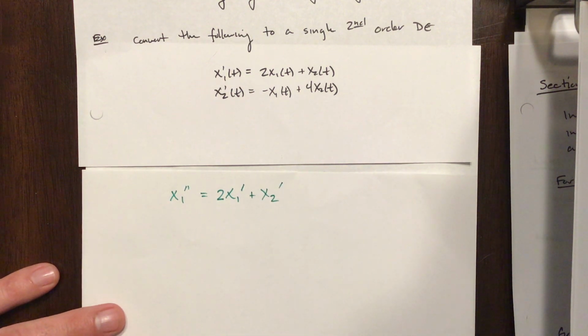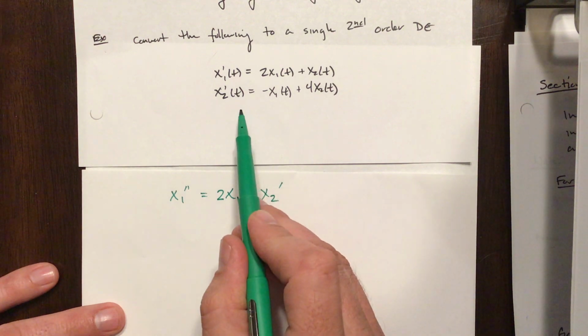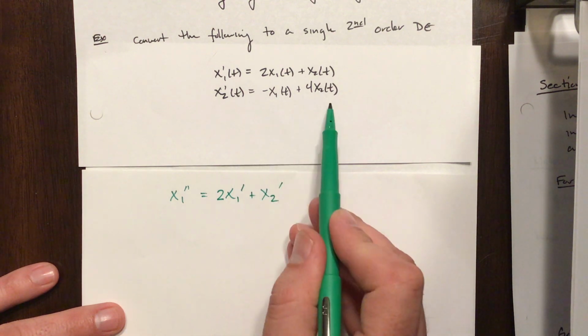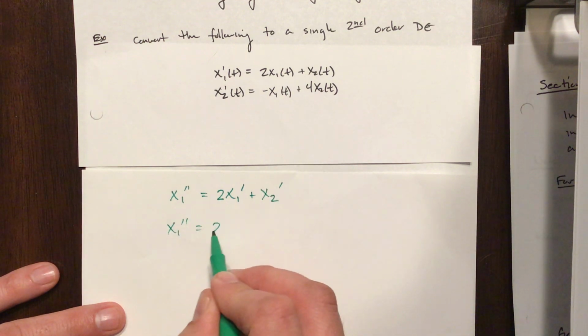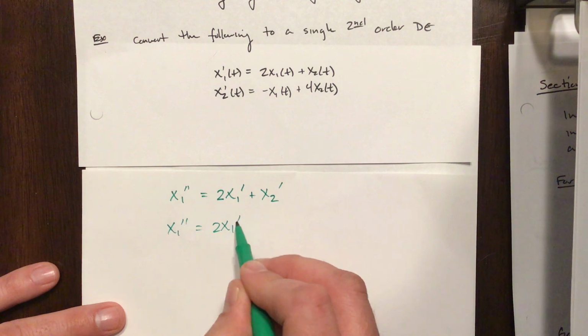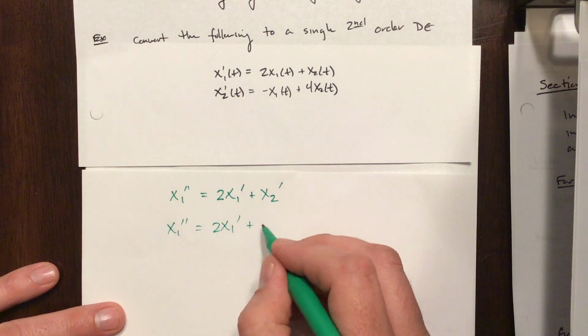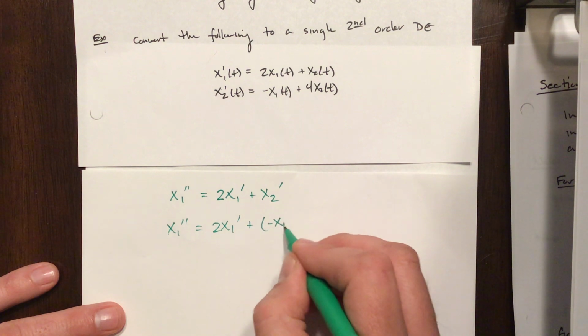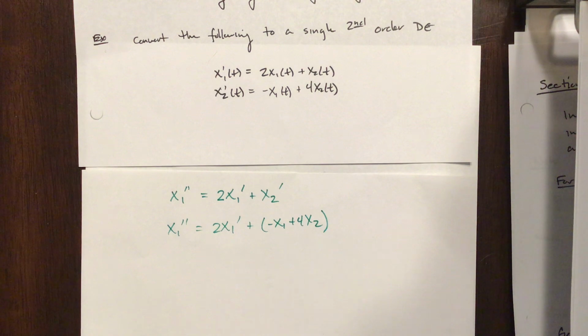Okay. Now, we can substitute out x2 prime with the information in this line. So x1 double prime is equal to 2x1 prime plus x2 prime. And x2 prime is equal to negative x1 plus 4x2. Now, I know I have functions of t.